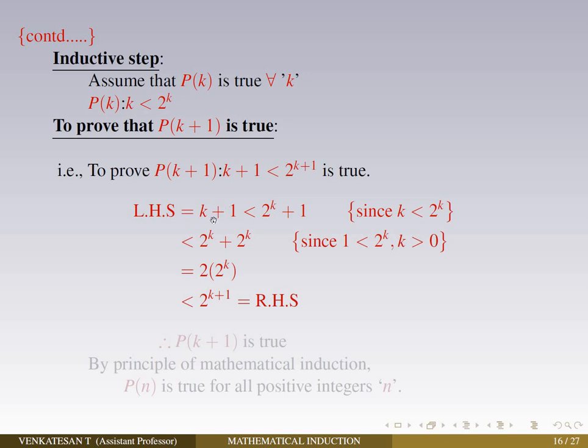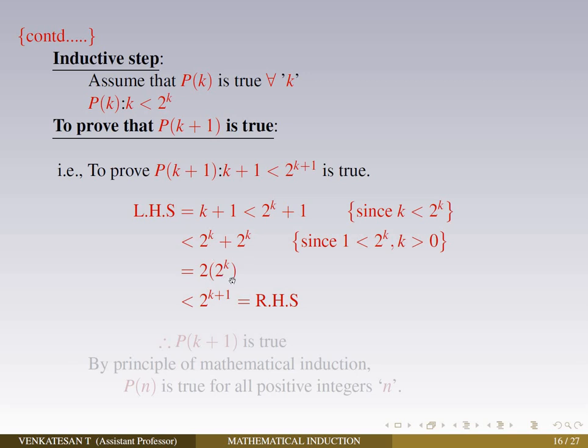In the inductive hypothesis, I assumed that k is less than 2 power k. So this expression is less than 2 power k plus 1, where my first k value was replaced with 2 power k. But I know that 1 is less than 2 power k where k is greater than 0. Whatever the positive integer you replace with k, 1 is less than that, which means the above expression is again less than 2 power k plus 2 power k.